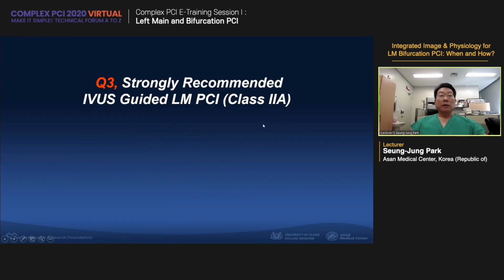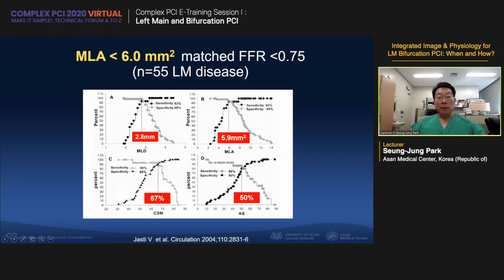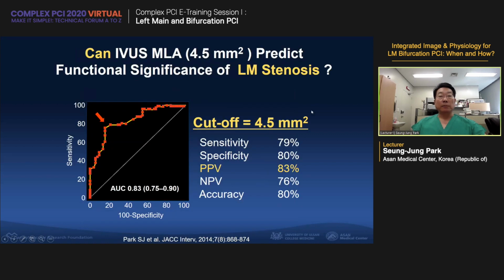What about IVUS measurement for IVUS-supported left main PCI? In real practice, IVUS MLA in intermediate left main disease really can't predict the functional significance of stenosis. This was the only data in 2004: a minimal lumen area of 6 mm² matched with a positive FFR, less than 0.75.